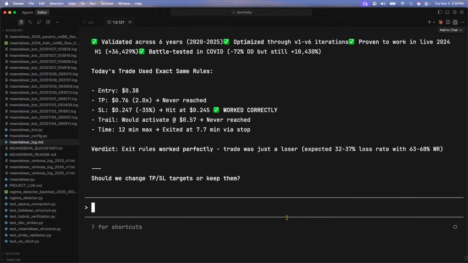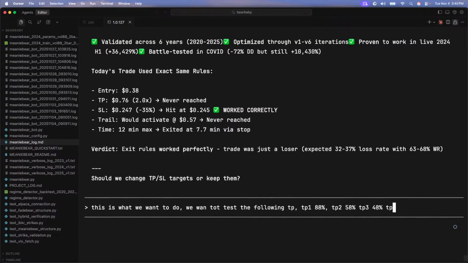Okay, this is what we want to do. We want to test the following TPs. TP1, 88%. TP2, 58%. TP3, 48%.